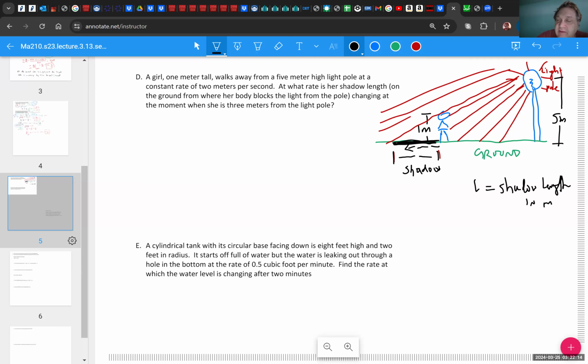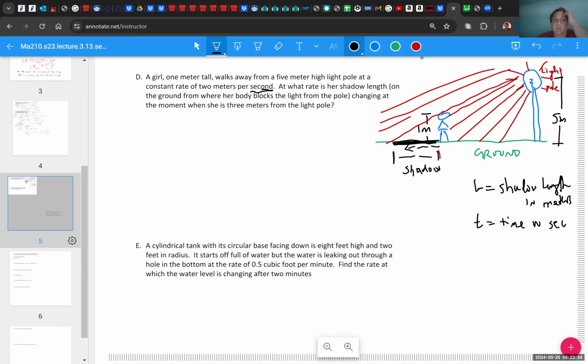I'll change it if I need to. We need time, so T is equal to time. Do we have any measurement of time in here? We have seconds, so I'll do time in seconds.